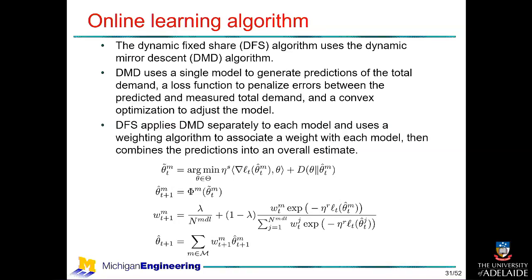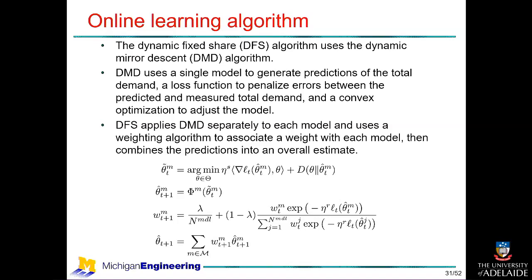And then the dynamic fixed share is the second part here, which is saying, well, all of these models we need to combine together. We want to combine them together in a way that gives me the best outcome, and the best outcome means the smallest value for the loss function. And so that's what this is doing.